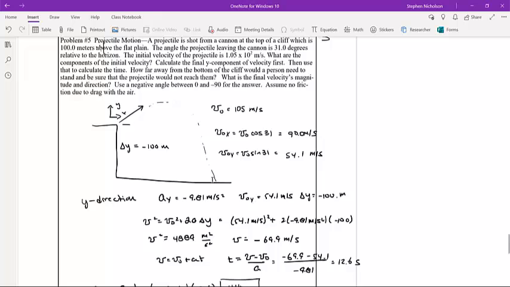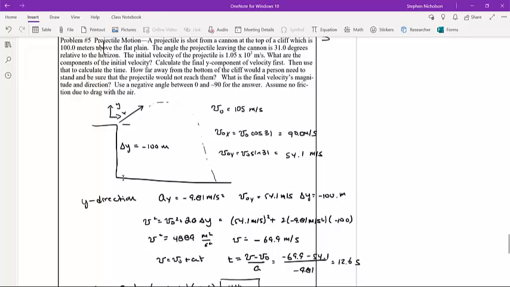Now, because the y distance is going to limit how far this thing goes, it's going to hit the ground, I use the y direction first. In the y direction, with y positive going up, the acceleration is negative 9.81 meters per second squared. The initial y velocity is going up, so it's positive 54.1 meters per second.